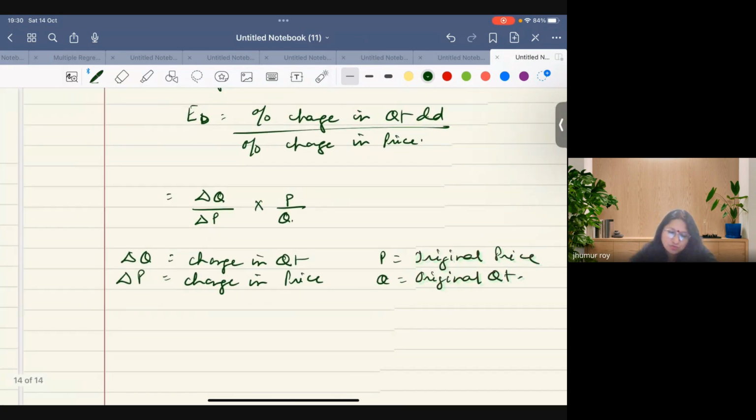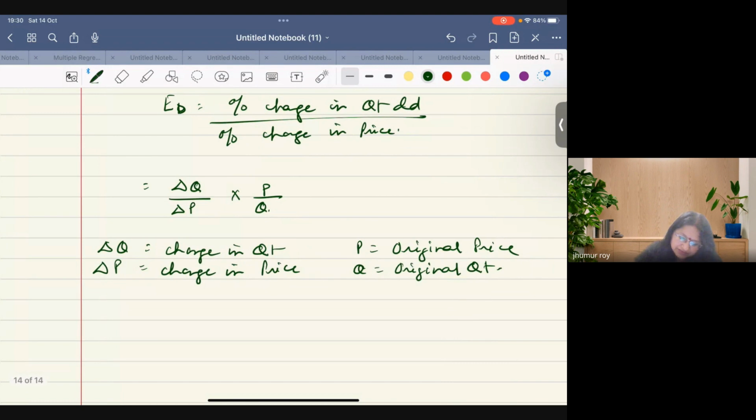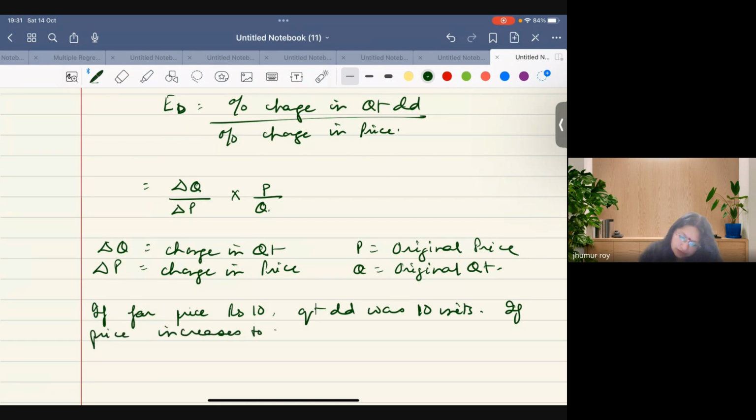Now let's do a random question. For price rupees 10, quantity demanded was 10 units. If price increases to rupees 20, quantity demanded decreases to 5 units.